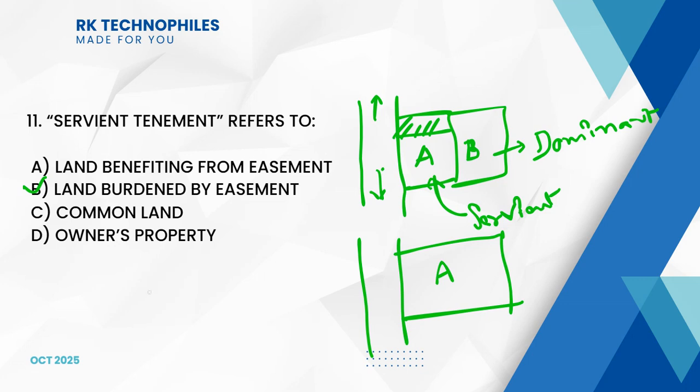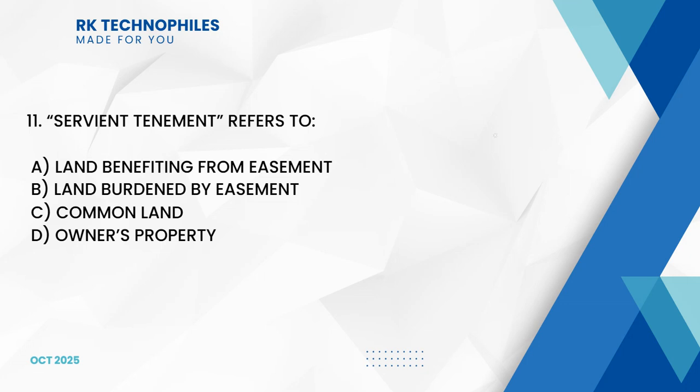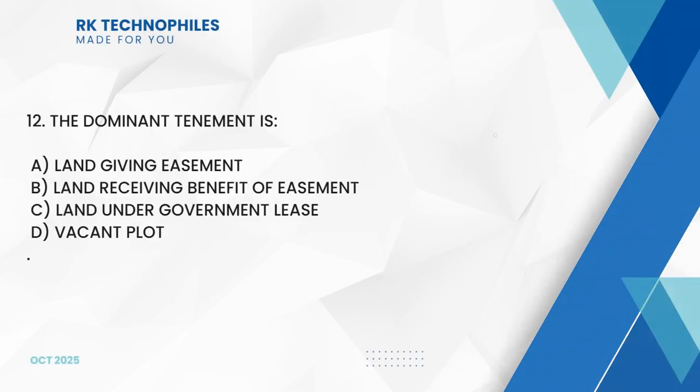Servient tenement is the land over which an easement like right of way runs. The dominant tenement is the one who is taking benefit of it. So B is taking benefit of the easement. So he is dominant for the easement. Next question. The dominant tenement is, just now we discussed: land giving easement, land receiving benefit of easement, land under government lease, vacant plot.